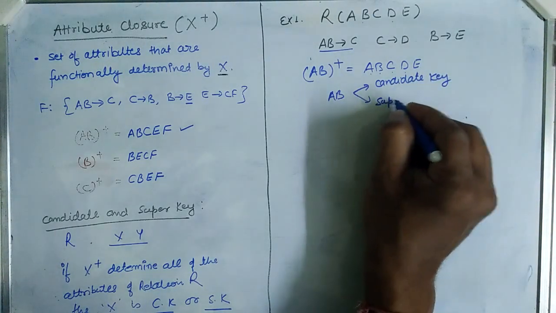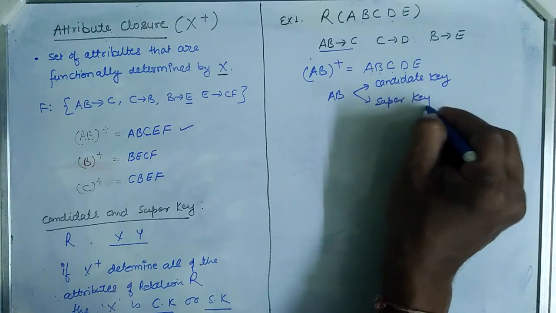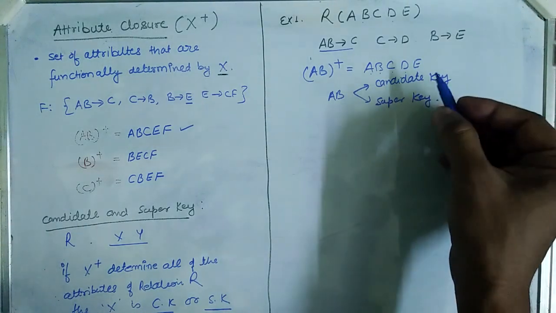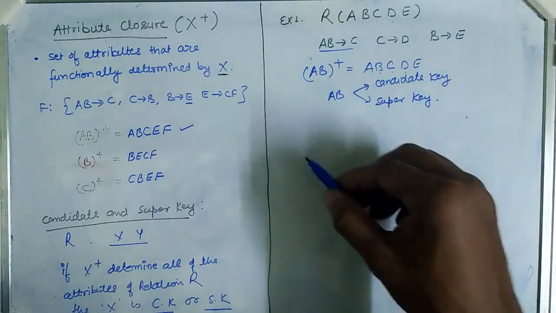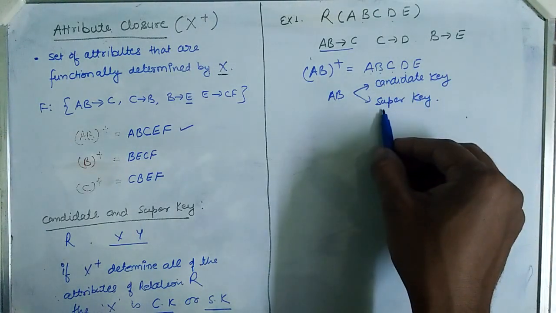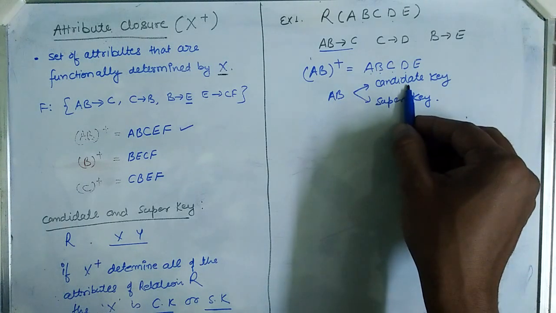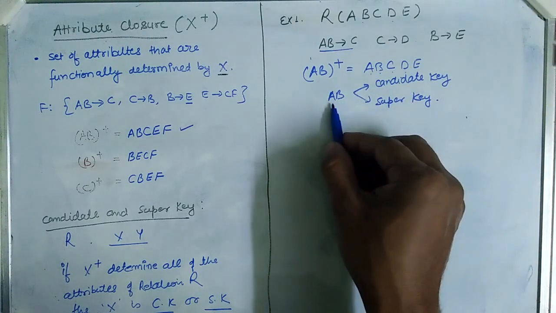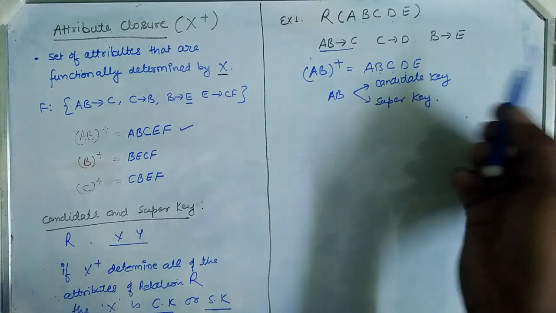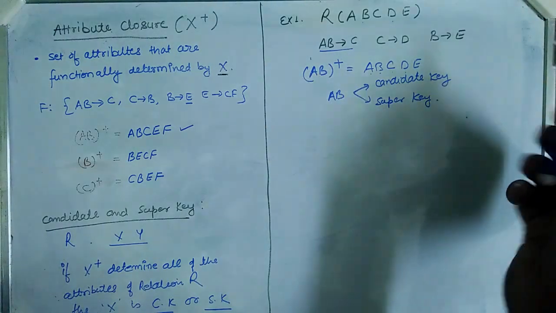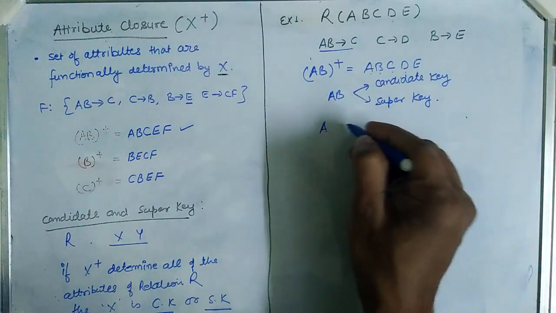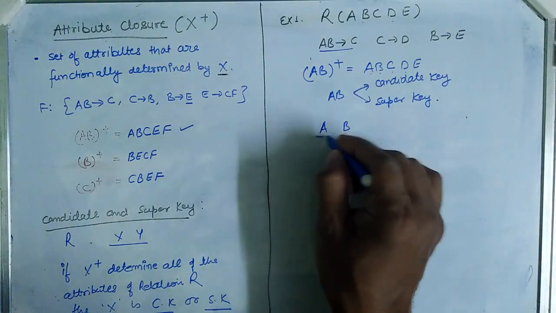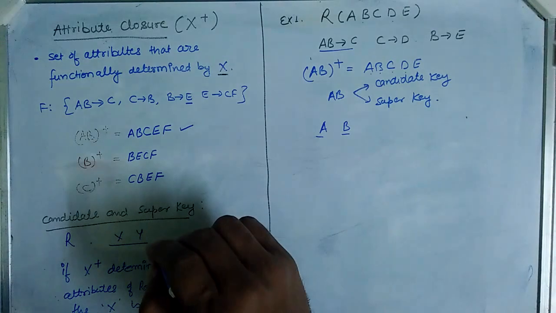or it may be a super key. Now, how do we distinguish between a candidate key and a super key? As covered in previous lectures, a super key is a superset of a candidate key. So let's make a hypothesis that it is a super key, then its subsets A and B can be treated as candidate keys.